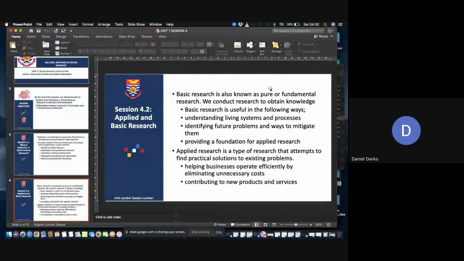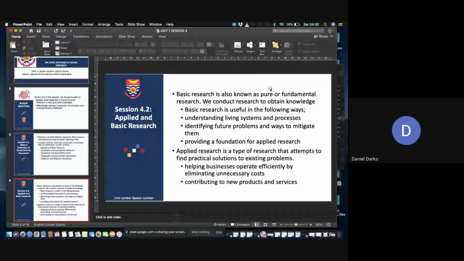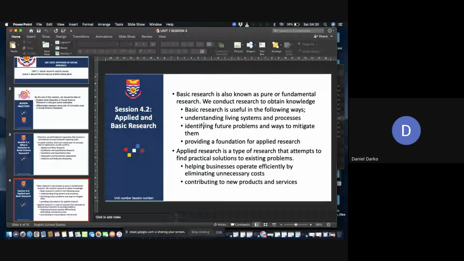Let's look at basic and applied research and see where they contradict each other. There are some schools of thought who believe that research is conducted just to gain knowledge, nothing else. When we conduct research for the sake of obtaining knowledge, it is referred to as basic research.